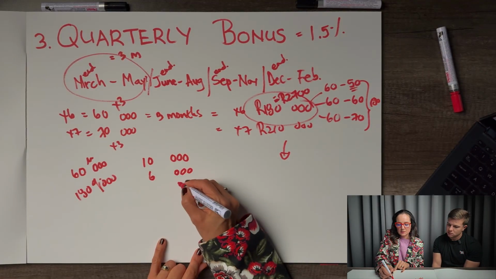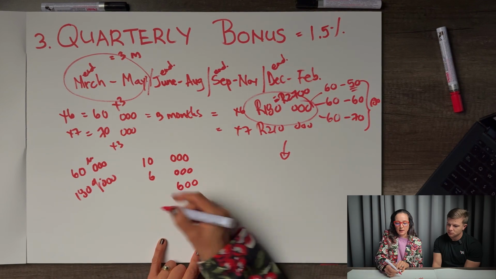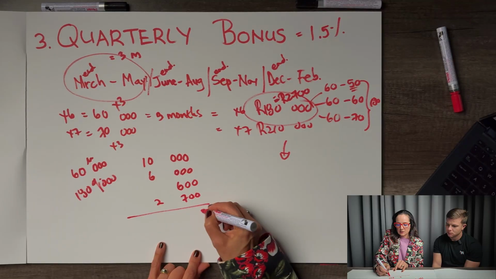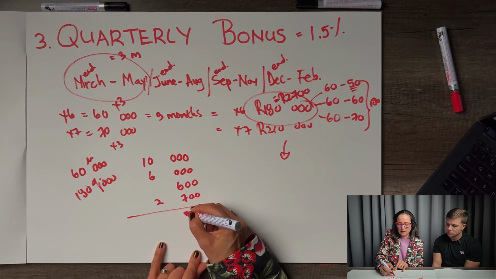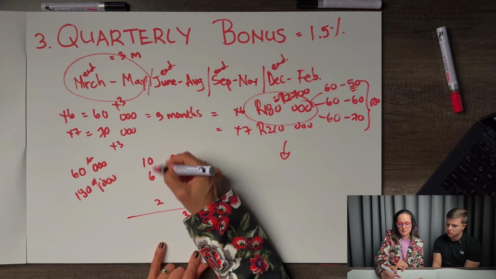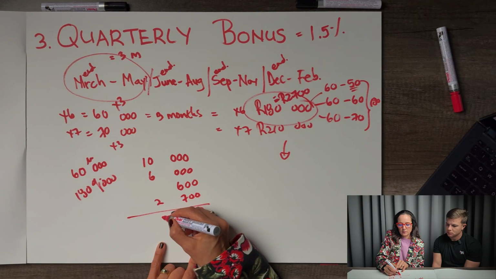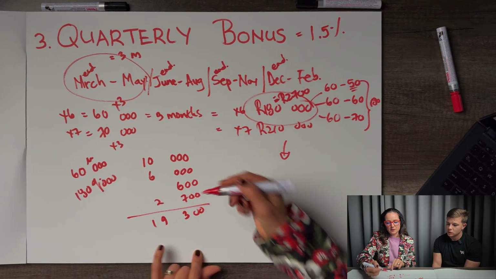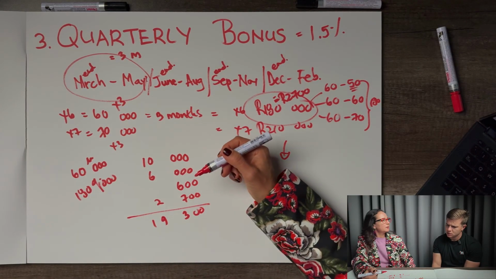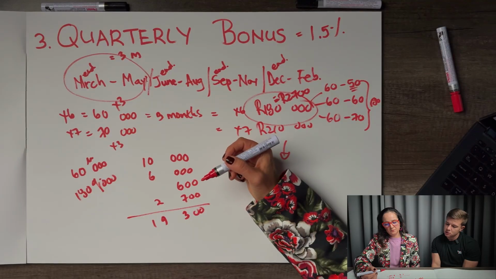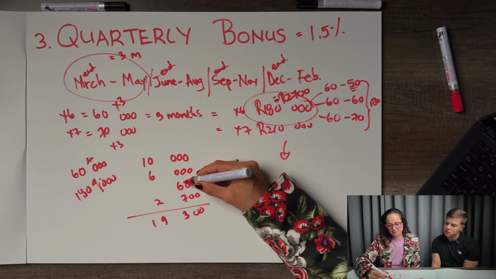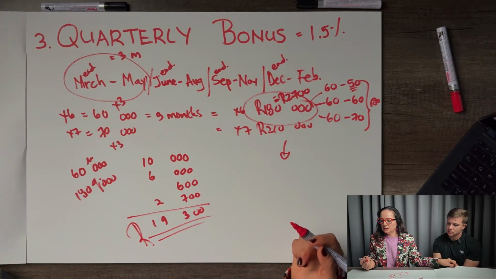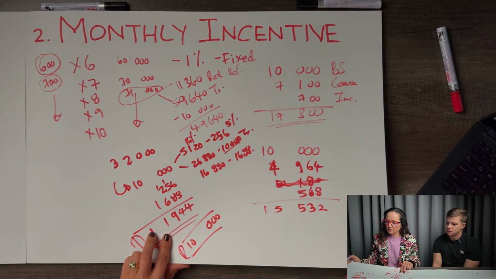Then she gets her 600 Rand for incentive, and then she gets her 2,700 Rand. So now we're sitting here that her salary for this particular month is 6 plus 600 is 16 plus 2. Is that right? Yeah, I think so. 19,300. So 16,600 plus 2,000 is 18,600. Yeah, that's correct.